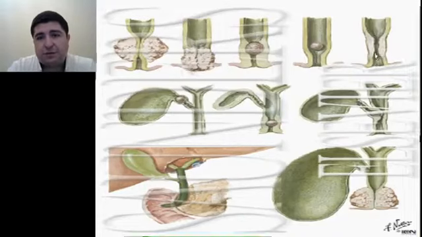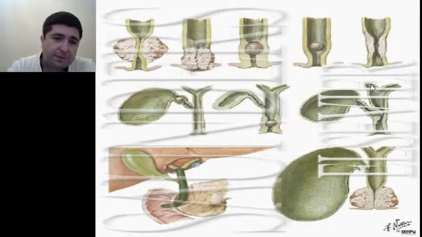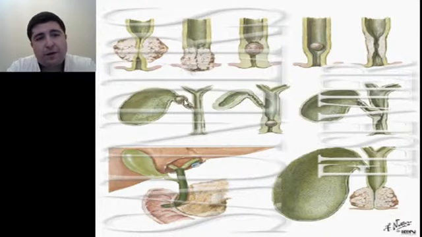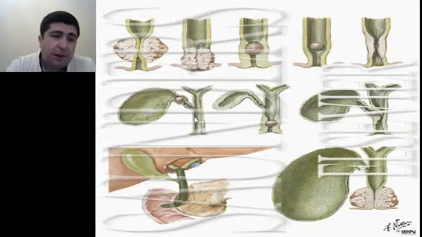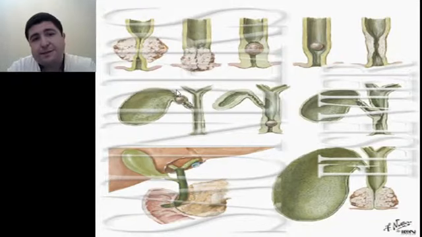Next type, inflammation or growing inside of the common bile duct. Here you can see the gallbladder, cystic duct with a stone, common bile duct, right and left hepatic duct. And here you can see a fixed stone in the cystic duct. Usually this problem cannot give any mechanical jaundice. Why? Because the stone is fixated in the neck of the gallbladder, in the cystic duct, and it doesn't go to the common bile duct.